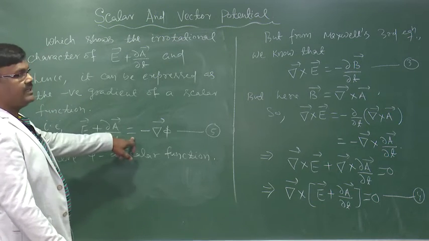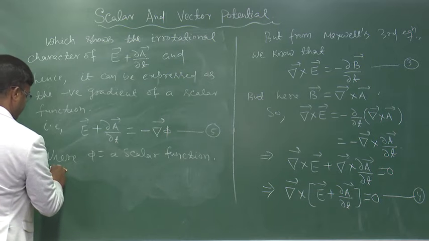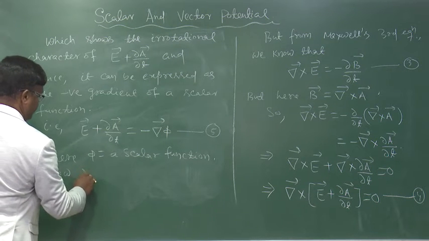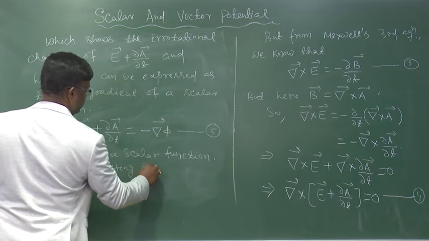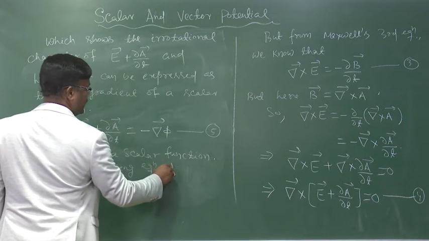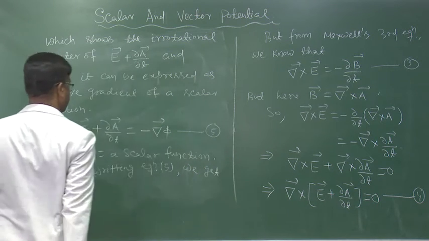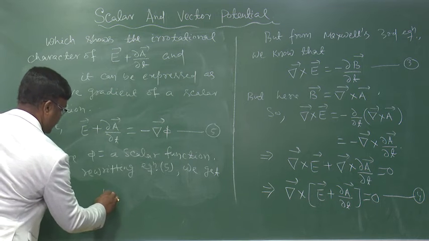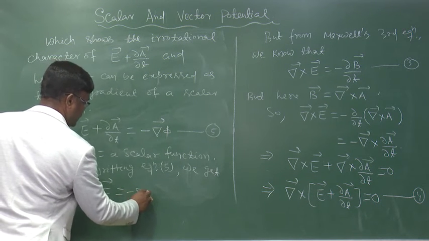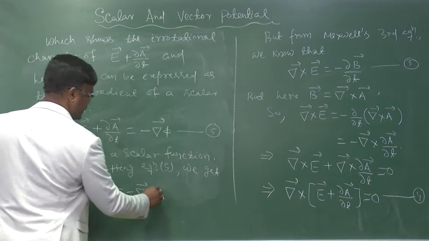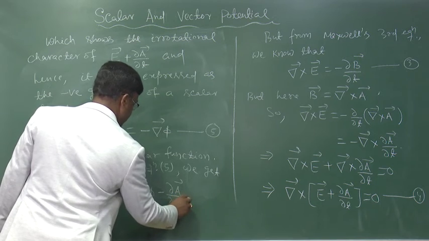Rewriting equation 5, we get E vector equals minus grad phi minus del A by del t.